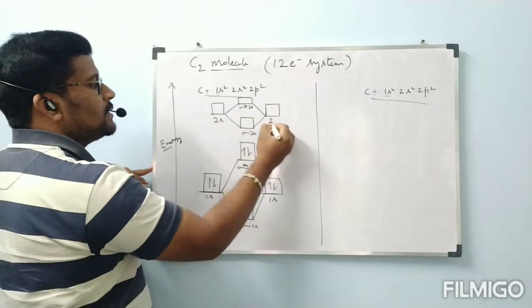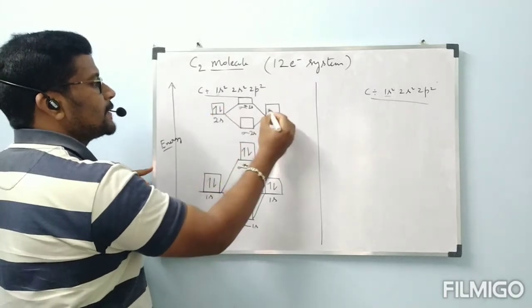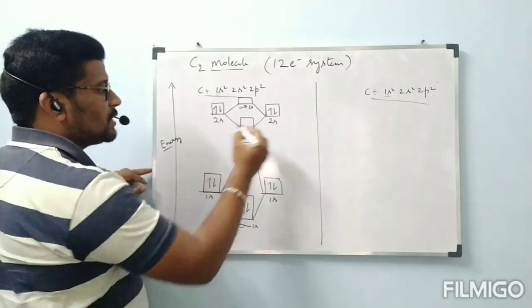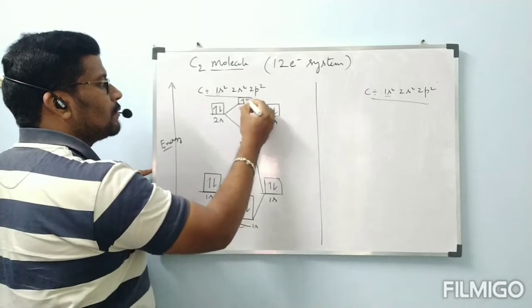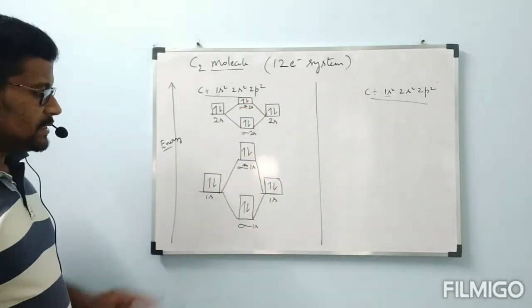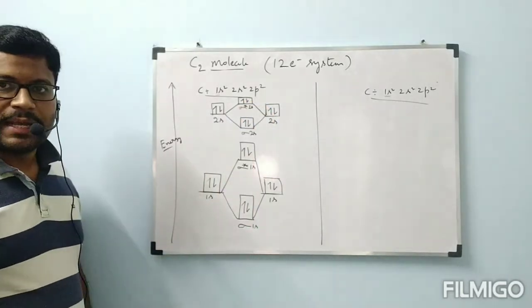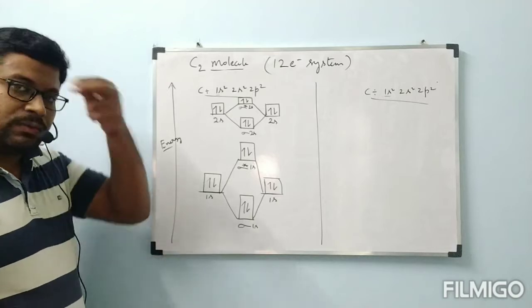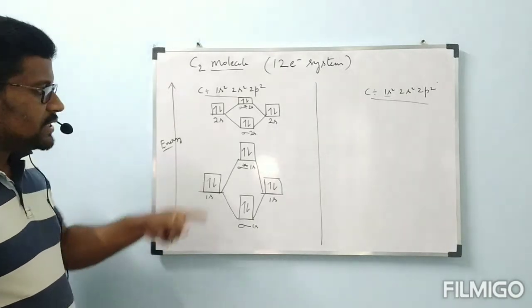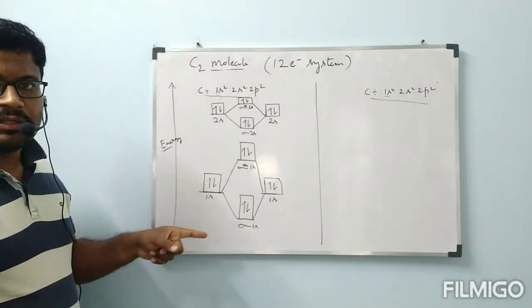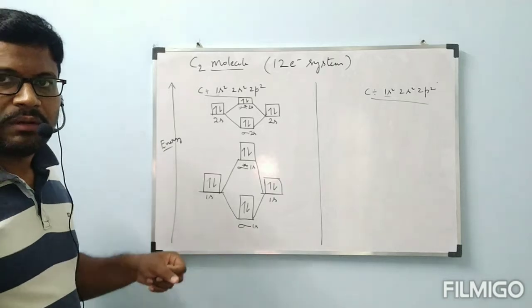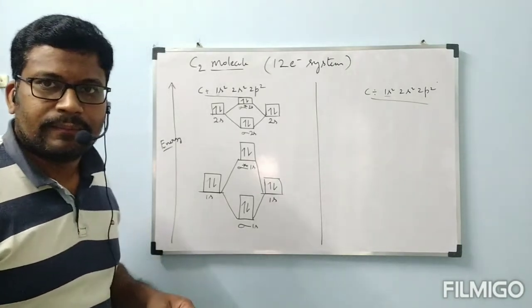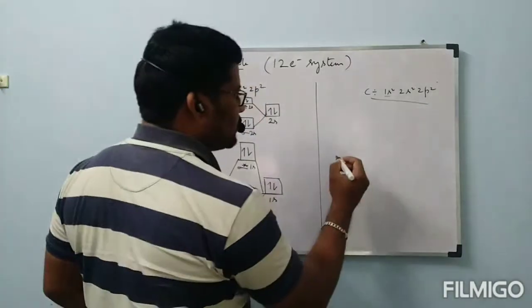These are 2s orbitals. Total 4 electrons again. Like this, the 1s and 2s diagrammatic representations. Now coming to 2p. These are all well known; we have drawn them so many times already. Next, coming to 2p.